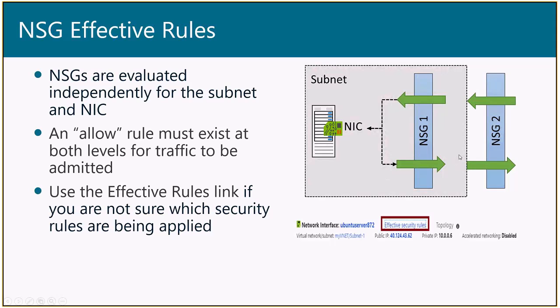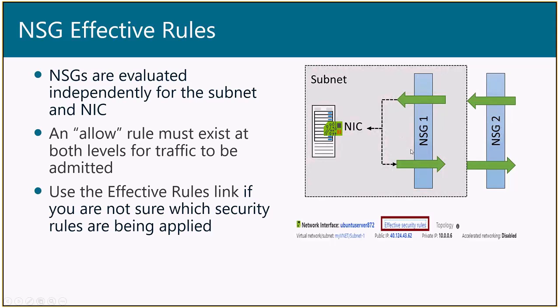We have two different network security groups, and both have to approve a particular permission. Let's say I'm trying to update a record in a SQL database. It's going to look at rule 1 and rule 2, is that okay? If both of them give me permission to connect to the database and update it, then it will let me do that.